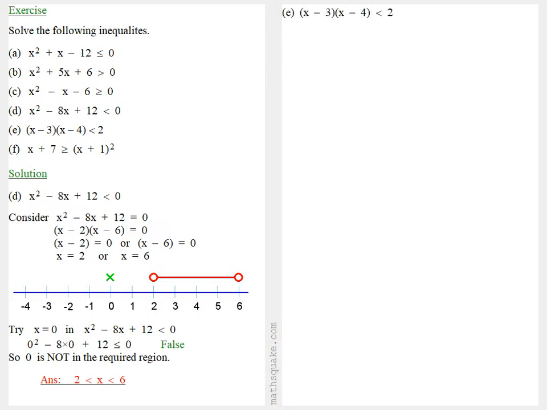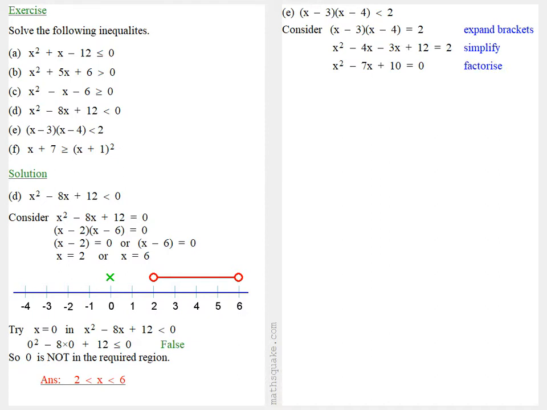In question E, we have x minus 3 times x minus 4 is less than 2. Now we start by considering it as an equation, x minus 3 times x minus 4 equals 2, and we expand the brackets. This gives x squared minus 4x minus 3x plus 12 equals 2, and we can subtract 2 from each side and simplify to get x squared minus 7x plus 10 equals 0.